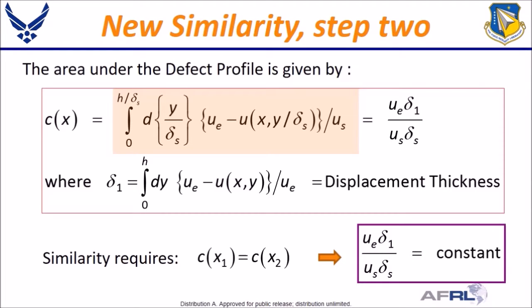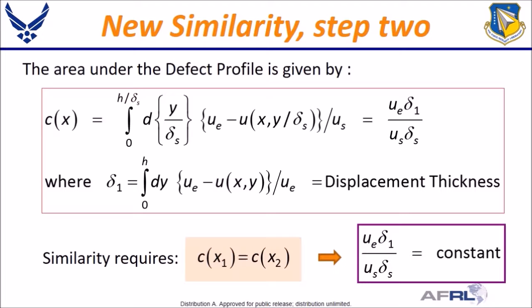Using the same technique we used on the first derivative integral, a simple change of variables, it is easy to show that the area integral reduces to this simple ratio. The key, of course, is the displacement thickness definition integral. Now, similarity requires the areas must be equal, which means that this simple ratio must be constant for similarity.